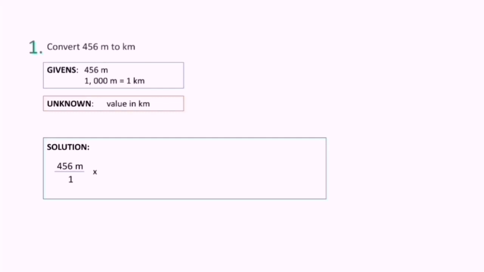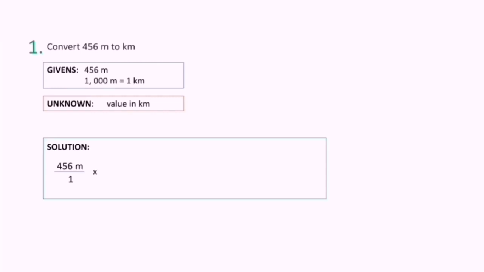Remember how dividing units cancel them out. If you are going to divide like units, they're going to be canceled because they're just going to be equal to 1. Remember that. So you're going to apply that concept.